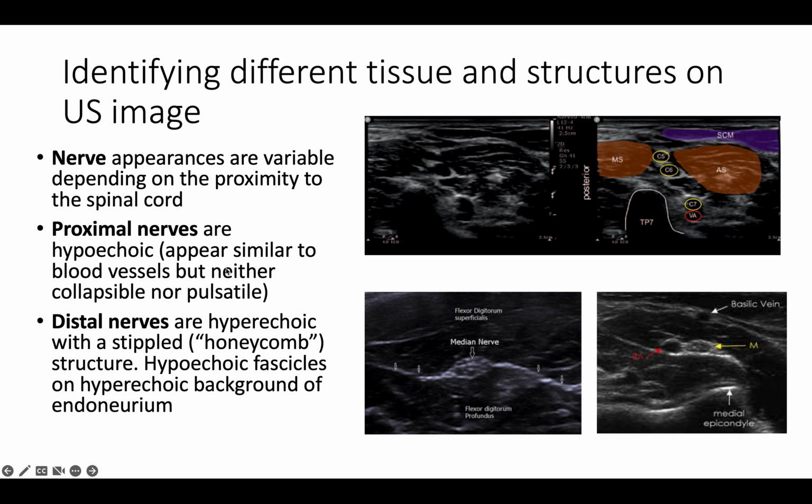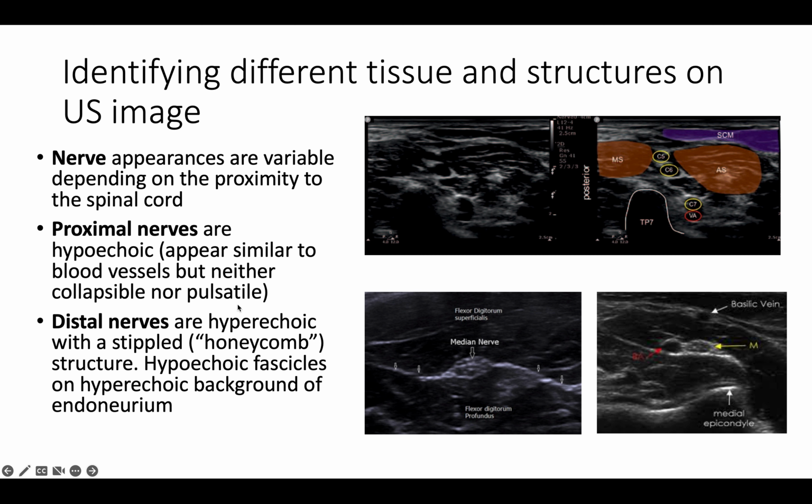So what about nerves? The appearance of a nerve depends on location, proximity to the spinal cord. If we're talking about proximal nerves, they look hypoechoic. So this is C5 and C6, and this is the C7 nerve roots. They look completely anechoic, right? Black pearls.